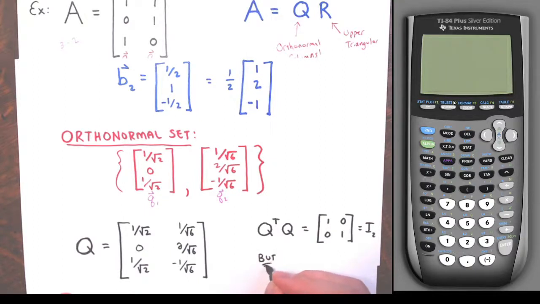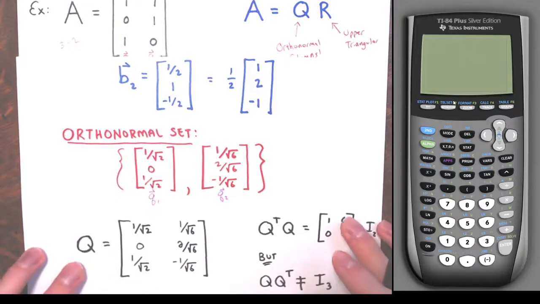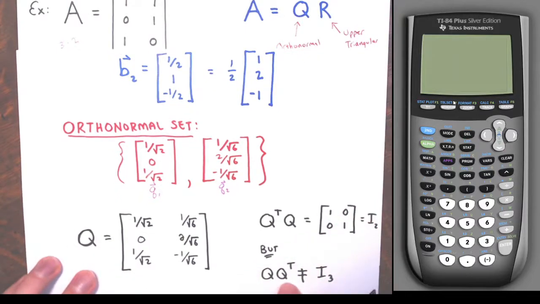But again, that's only because the columns are orthonormal. The rows are not orthonormal. So if you tried Q times Q transpose, this would not be the 3 by 3 identity matrix. And try it out. Again, I leave that to you to verify.